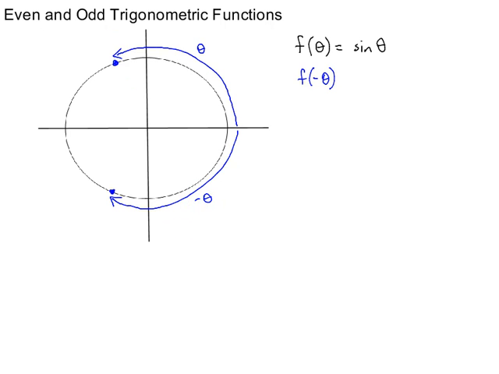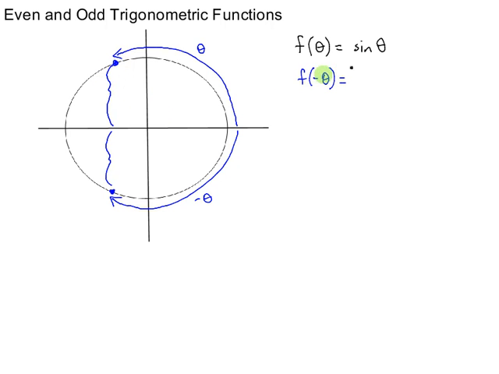The sine function deals with the y-coordinate and the hypotenuse if you drew the reference triangle. You can see that these both have the same y-coordinate, except that this one is negative and this one is positive.